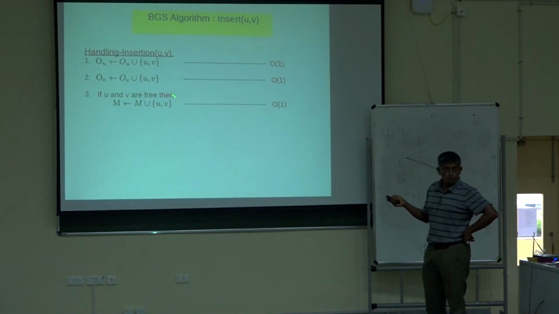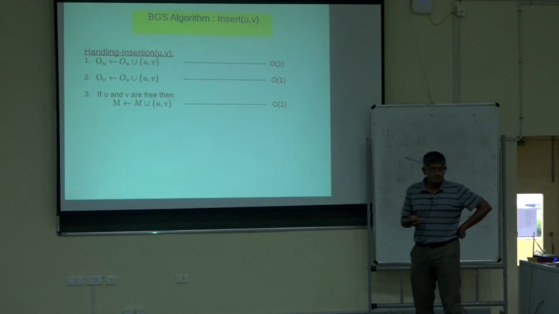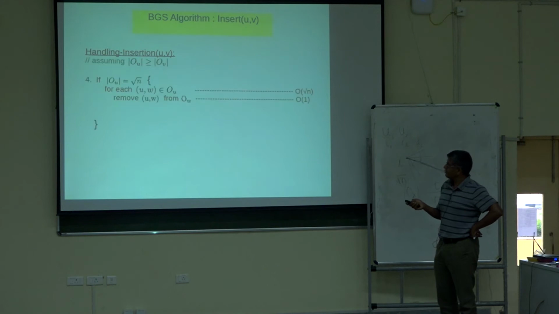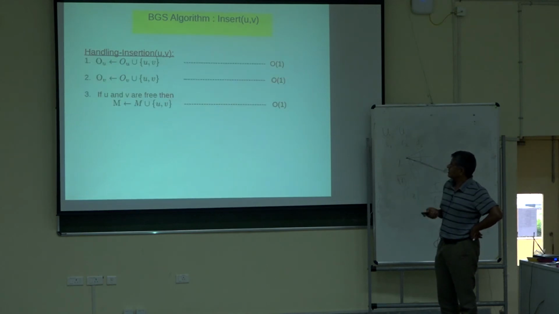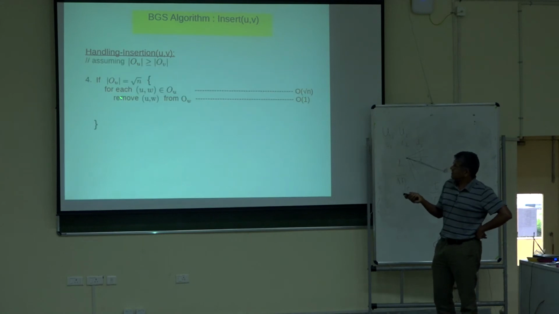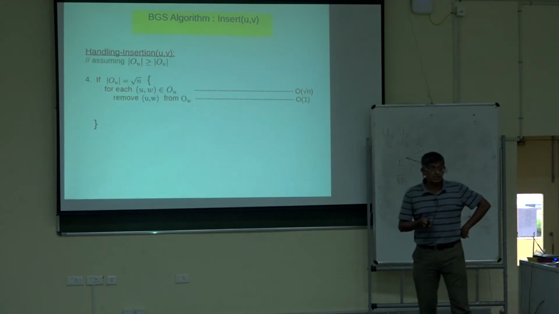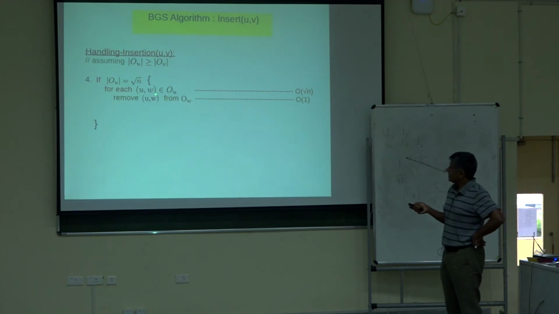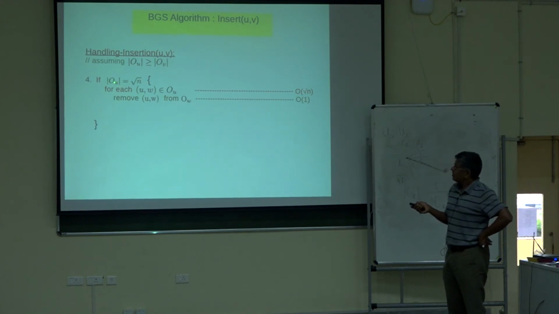So one thing that you could do is you could just match the two of them, if both of them are free. Now, after doing that, you check if the ownership list has touched the value root n. It's touched root n. So then U decides to go to level 1 and it removes the edge.